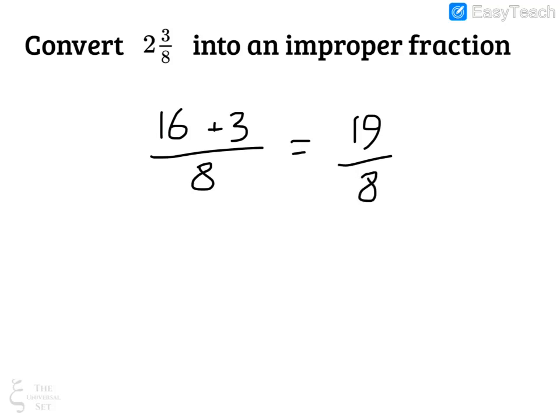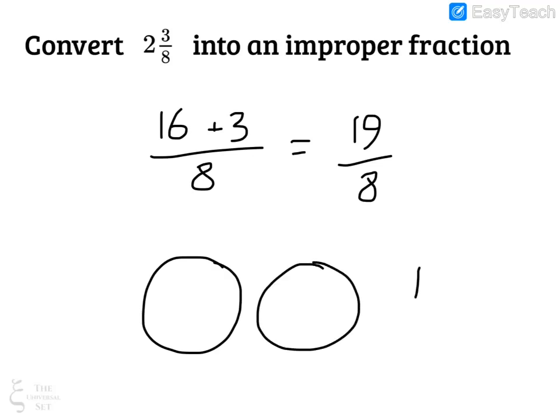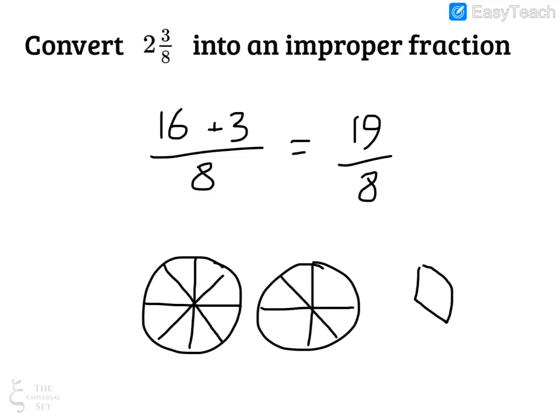Just to double check that, let's draw a wee picture. So I should have 2 whole pizzas and 3/8. 3/8 is going to look a bit like that. Let's cut those all up into eighths. So it's 1, 2, 3, 4, 5, 6, 7, 8 pieces there, and 1, 2, 3, 4, 5, 6, 7, 8 pieces there.